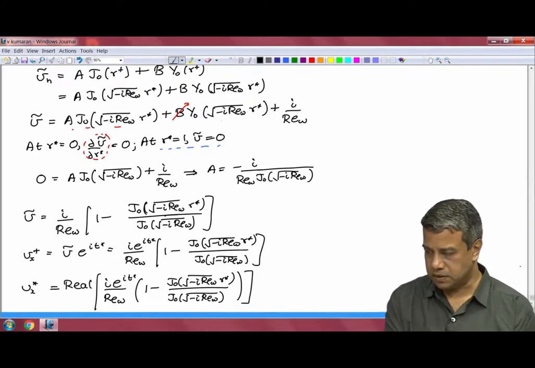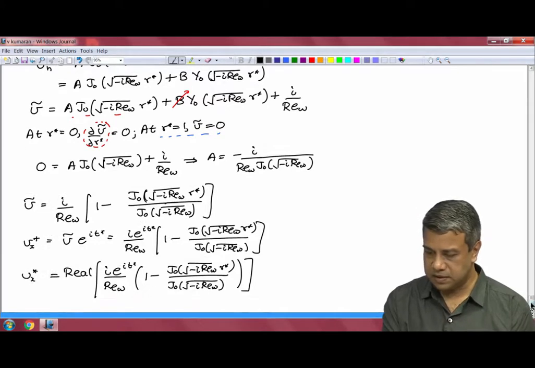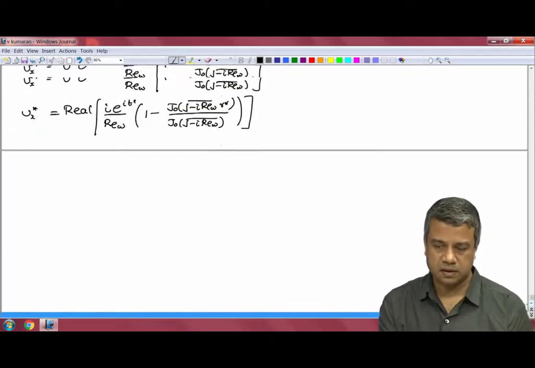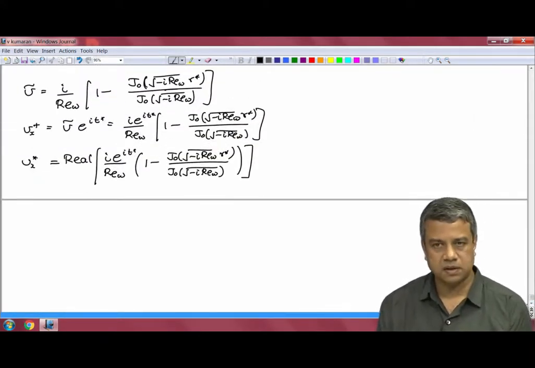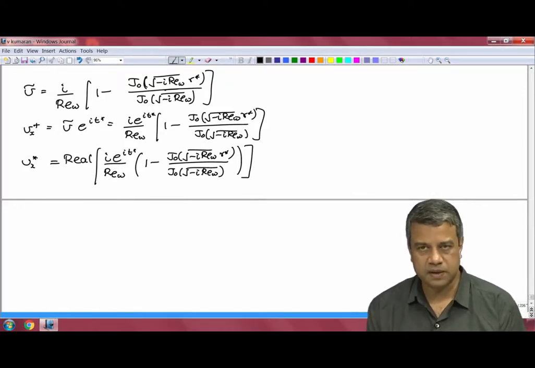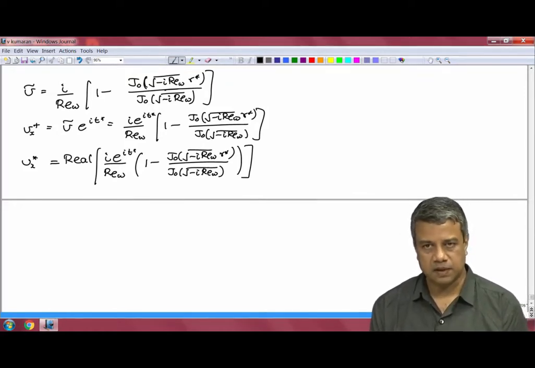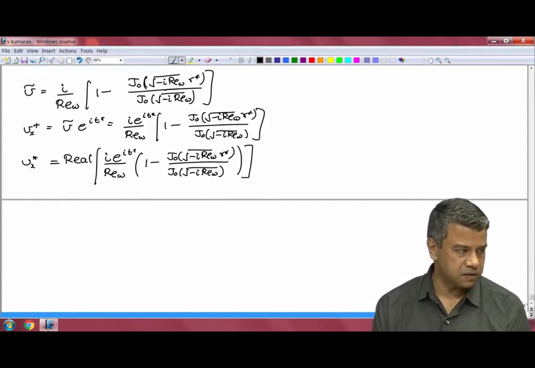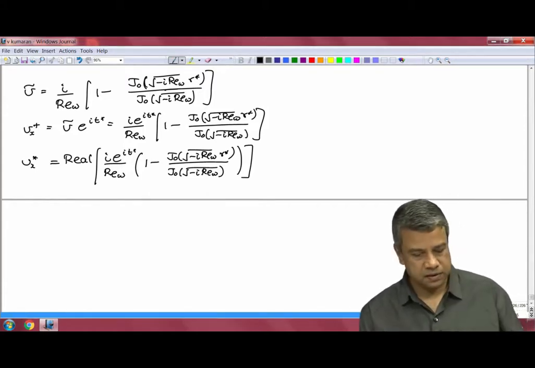So, that is the solution, and obviously you can see that it is quite complicated. A complex solution with e power I t and a complex function of r, multiply the two, take the real part, and that gives you the actual solution.